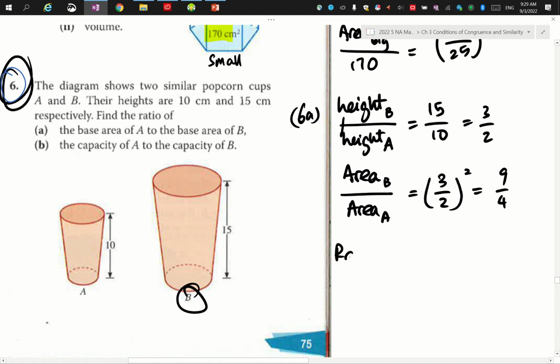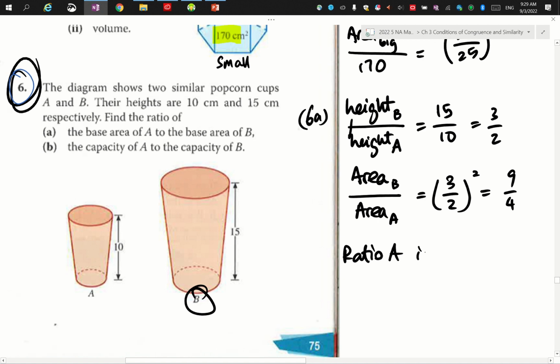Ratio. Ratio A is to B. So do you still want the word ratio?